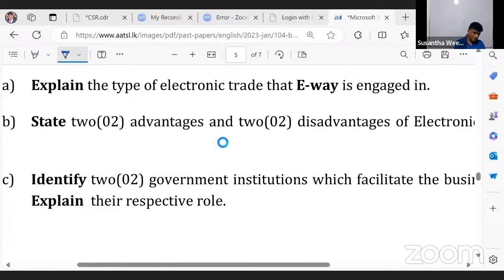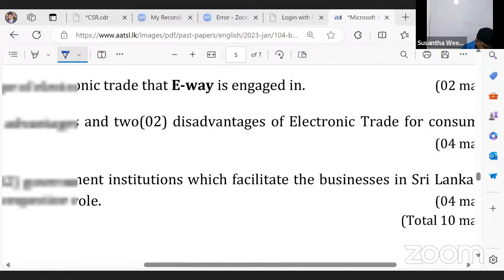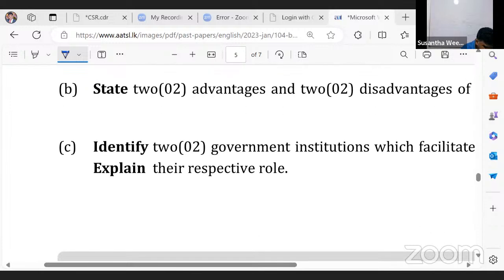Identify 2 government institutions which facilitate business in Sri Lanka and explain their respective law. What are those? We can say Consumer Affairs Authority.